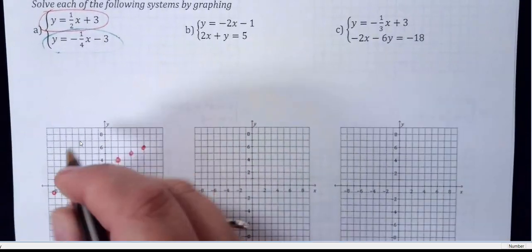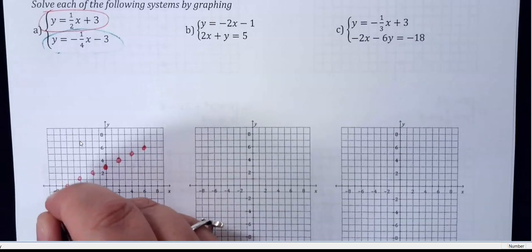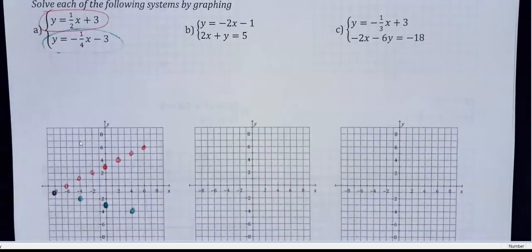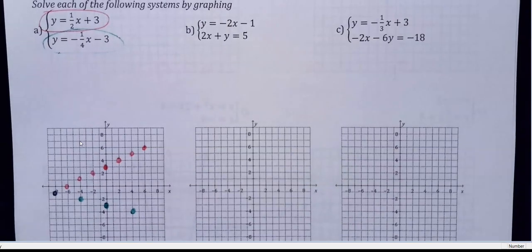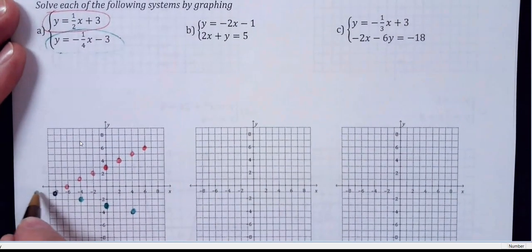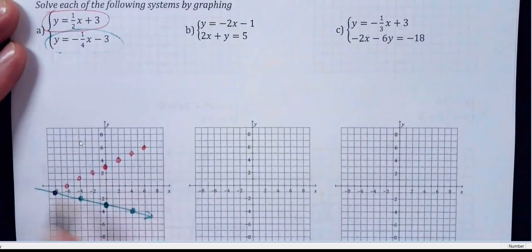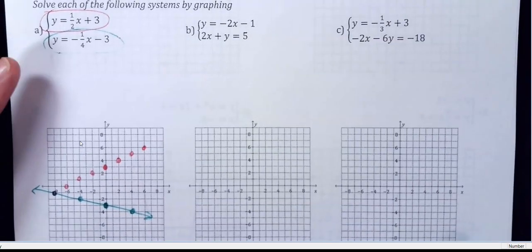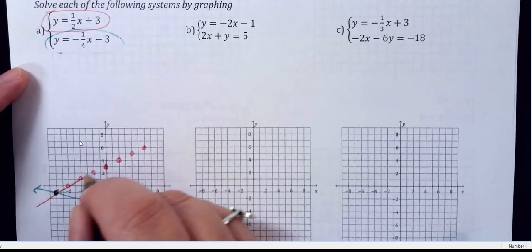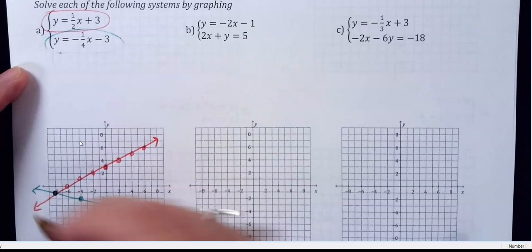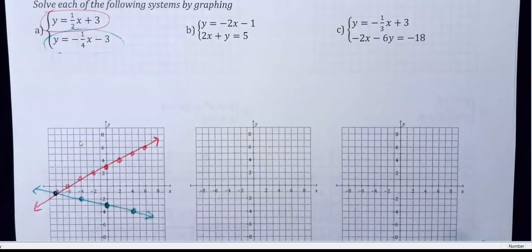I'll repeat that one more time, up 1 and left 4. And then I ended up drawing right on top of one of the points I had for the other line. And that's what you're looking for. So what point do these two lines have in common? Can you guys tell?